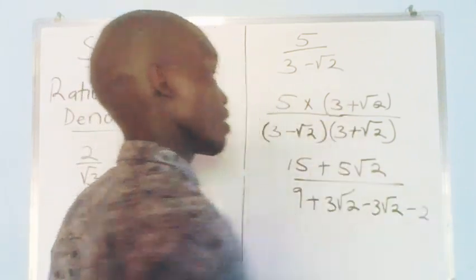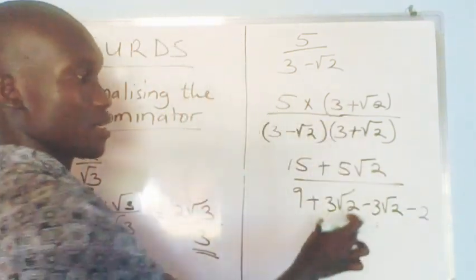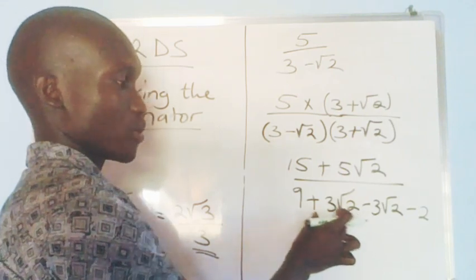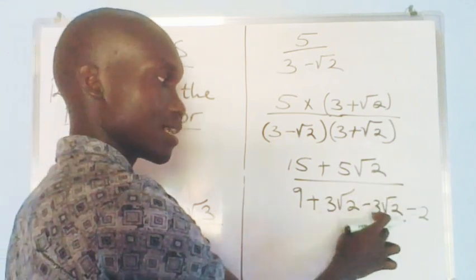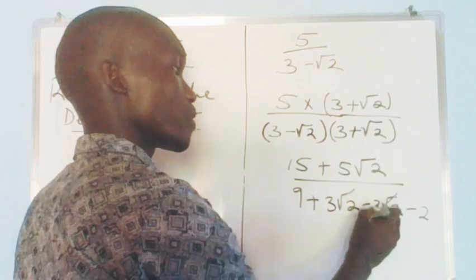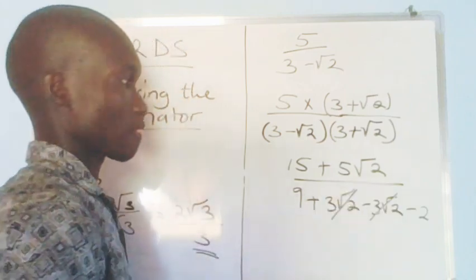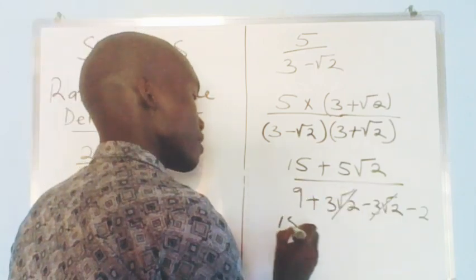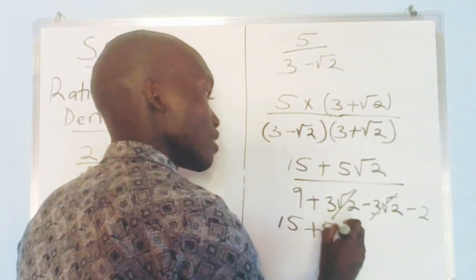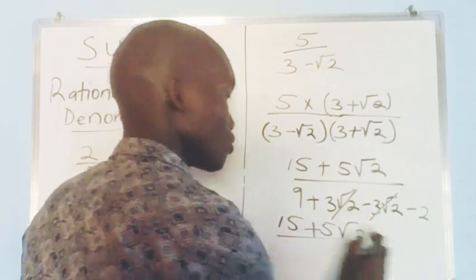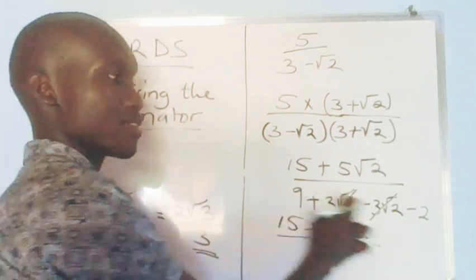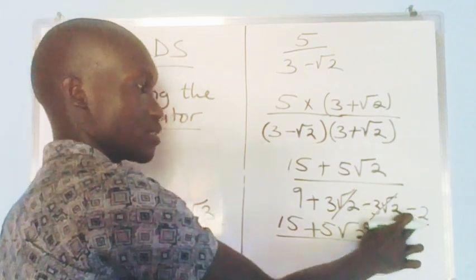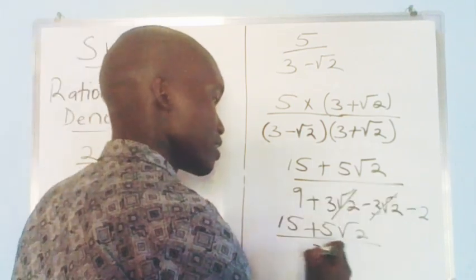So in that case, we are going to have 2. Positive 3 root 2 minus 3 root 2, this will be 0. So we are going to have 15 plus 5 root 2 out of, now we are going to have 9 minus these 2 only remaining. So 9 minus 2 will be 7.